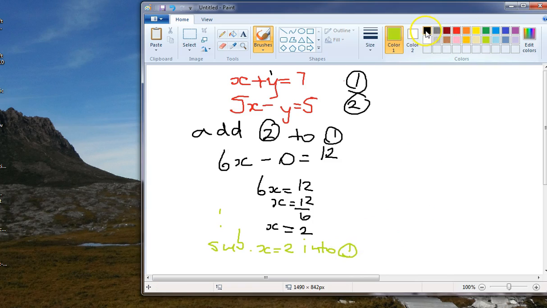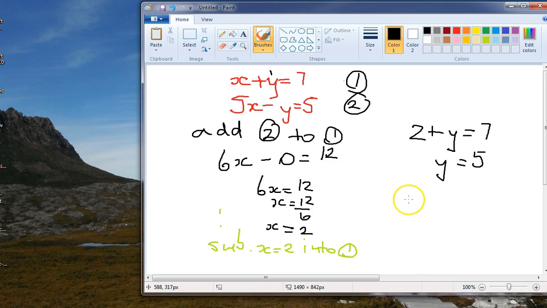So we've got 2 plus y equals 7. Y therefore equals 5.